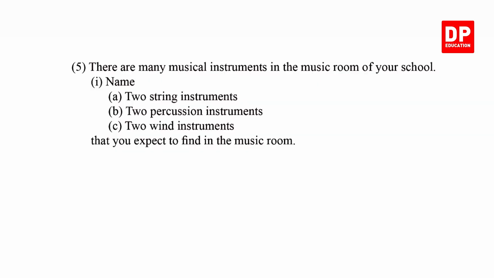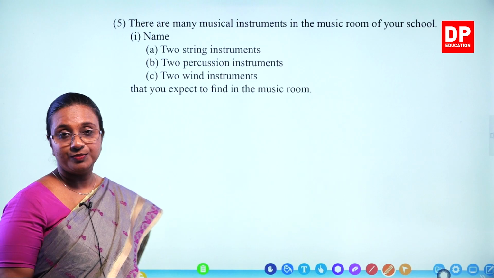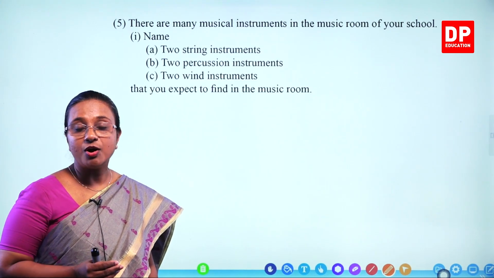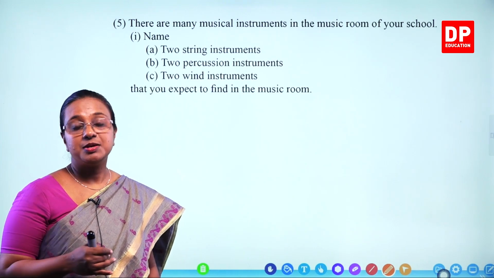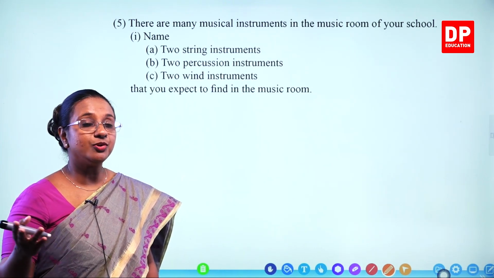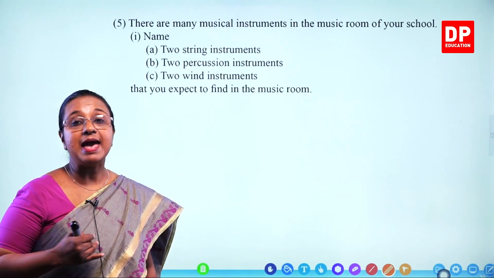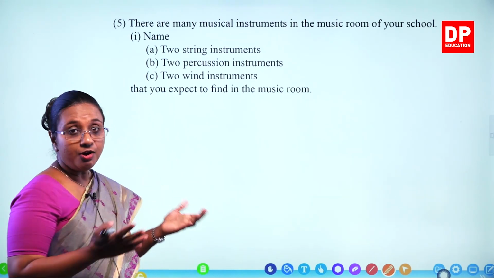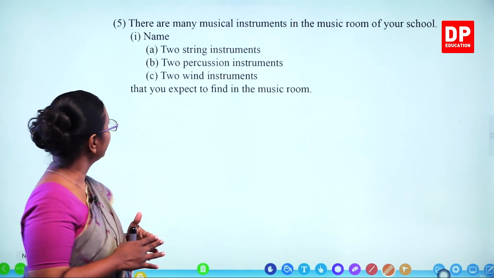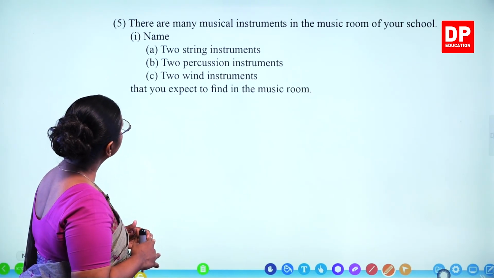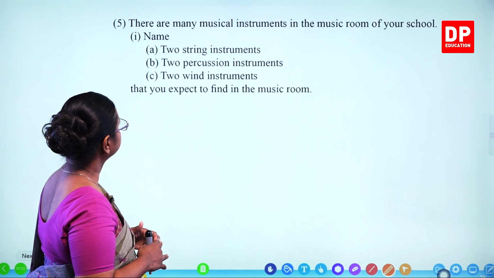There are many musical instruments in the music room of your school. I am sure most of you play different types of music instruments, and also there are many instruments used for the bands and for music as a subject as well. Name 2 string instruments.